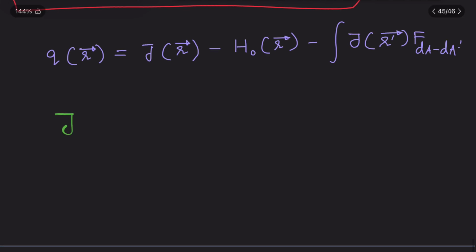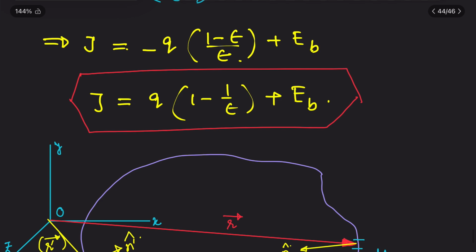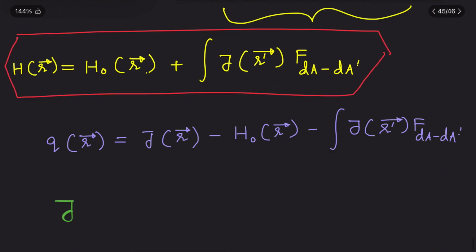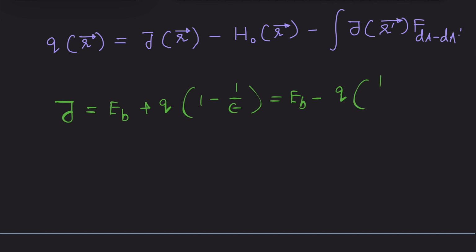So J, we have already done this. So J is equal to q into 1 minus epsilon, 1 minus 1 by epsilon by EB. So J is equal to EB plus q into 1 minus 1 by epsilon, or I can write it as EB minus q into 1 by epsilon minus 1.